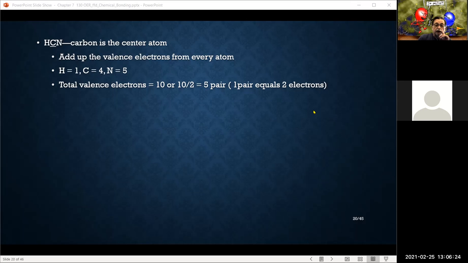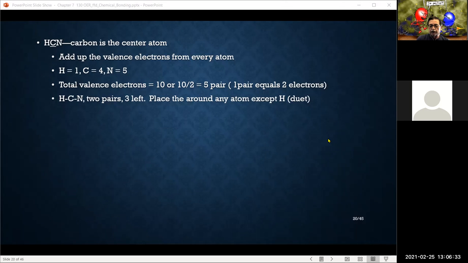All right. So then we add up the total valence electrons, and we can see just based on the formula that we have hydrogen and nitrogen bonded to the central atom. So I can very quickly bond them and create this hyphen, this line that represents a pair.